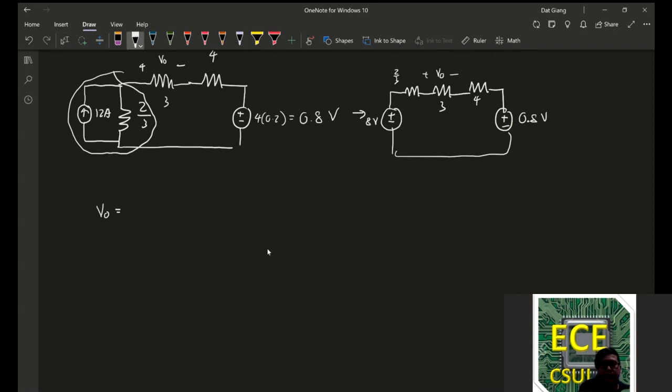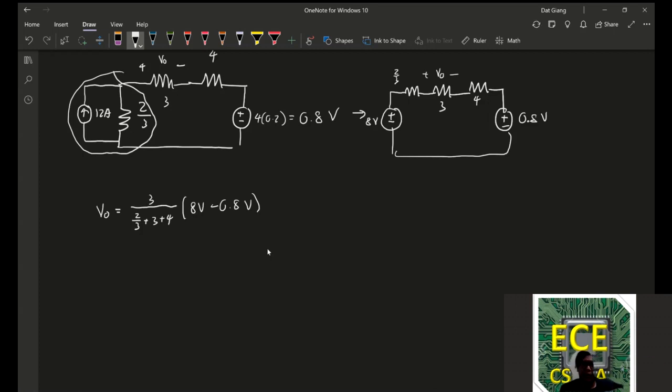So it's going to be 3 ohms divided by the sum, so 2/3 plus 3 plus 4, times 8 volts, in reference to 8 volts here, subtract 0.8 volts. And then from here, you can generally just punch it into your calculator and boom, you have your output voltage.